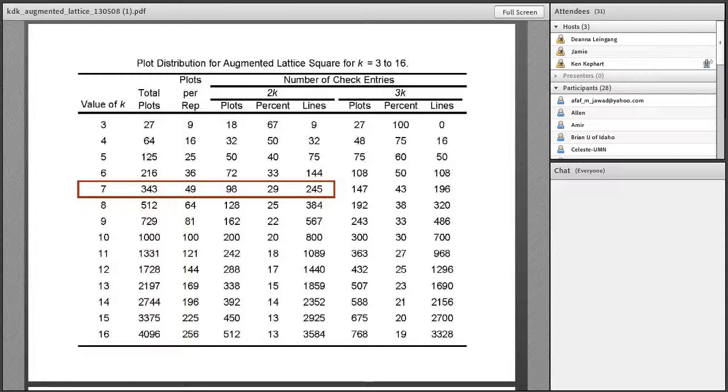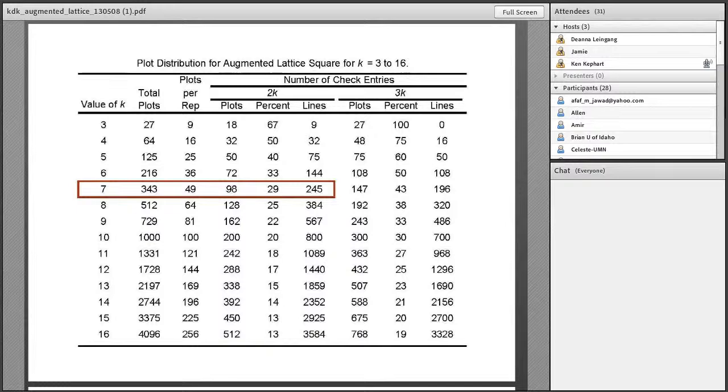Okay, this table is lifted directly out of the publication by Federer in 2002, and here this shows the partitioning of the degrees of freedom for K equals 3 to 11 augmented lattice square design.